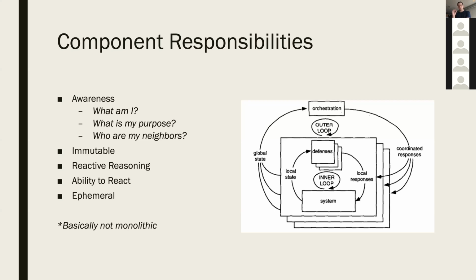I find this really interesting from a philosophical standpoint too, because having awareness of yourself and your surroundings is crucial. Being immutable is dealing with changes and accepting them and moving forward. Reactive reasoning is being able to understand the consequences or outcomes of things and making those decisions. And ephemeral is never staying in one state for so long, because it's impossible.